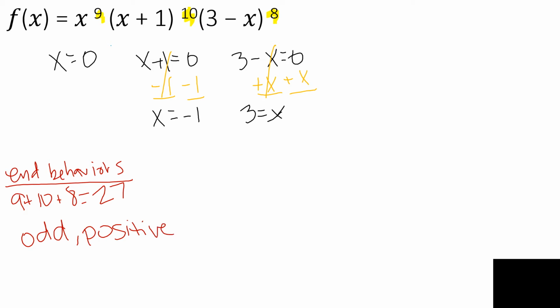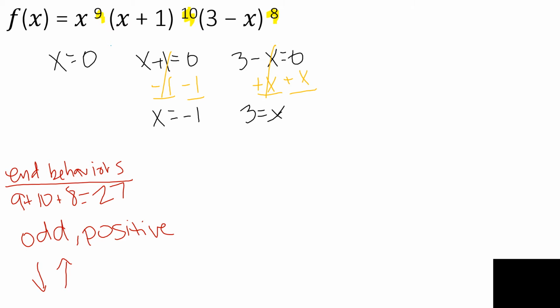So if we look at our chart, we are going to have a graph that is like that, okay? Our end behaviors will be approaching negative infinity as x approaches negative infinity, and approaching positive infinity as x approaches positive infinity.